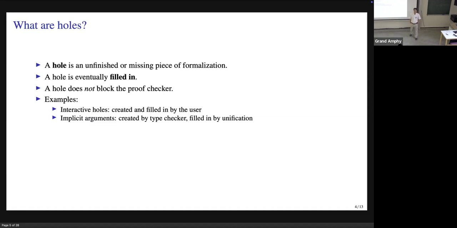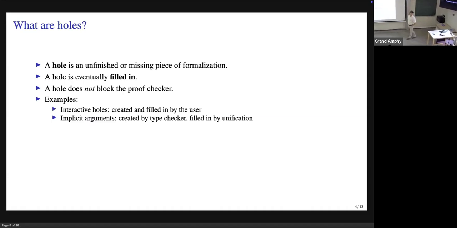This is how the development works in Agda, right? Write down a question mark, poof, a hole is created, and then you can do other things. The hole is not blocking your development. You can come later and fill it in. And when you fill it in, all the things you did so far must still work. They don't break.